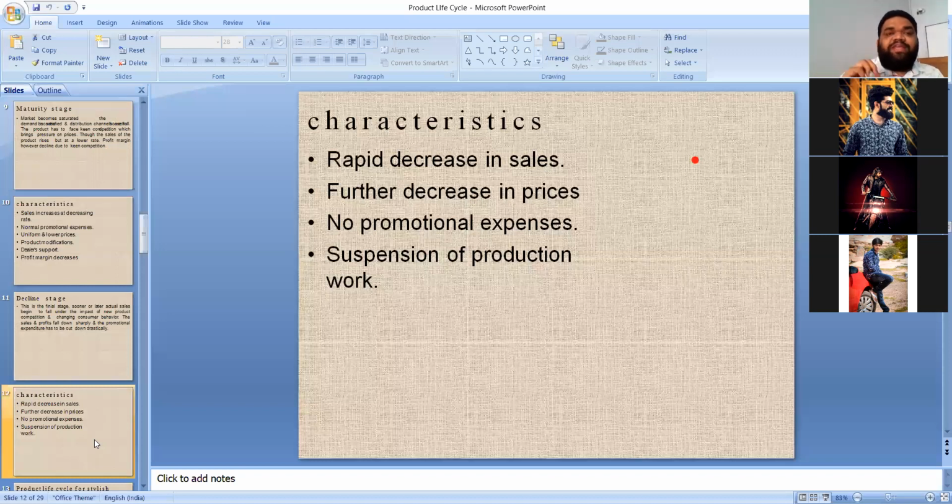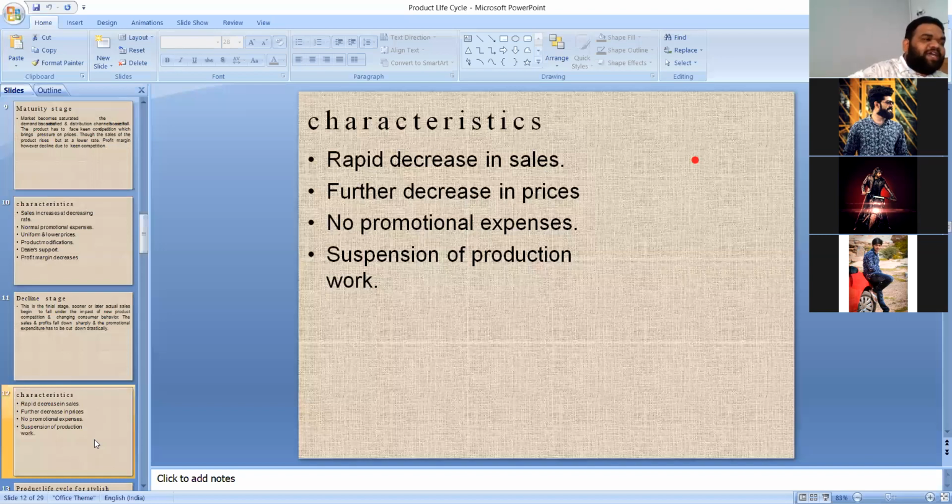Sometimes the growth stage will be for 3 or 4 years, 5 years also. Sometimes the maturity stage will be for 10 or 15 years. So we'll have ample time, and we'll have many things to do.